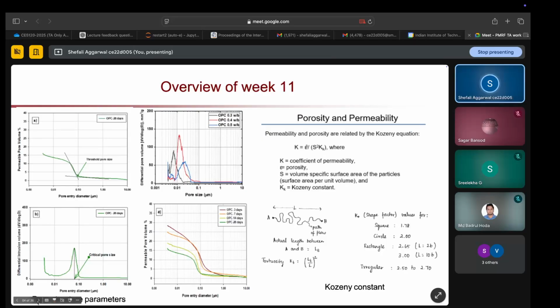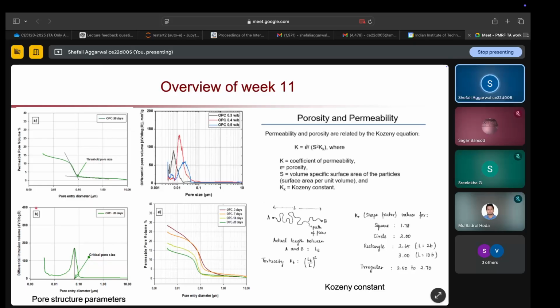What are the main parameters we consider when testing permeability or porosity? First we calculate the threshold pore size, and the other is the critical pore size. So there are two types of pore sizes we calculate, threshold and critical pore size.